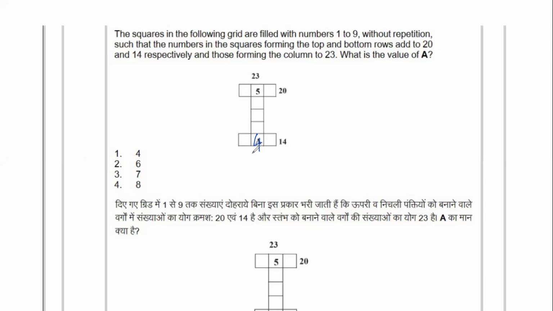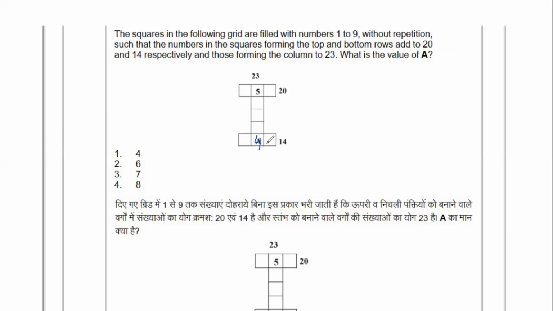Let me take this as 4, 3, and 7. 8 and 5, 13. I can't take a 7. So I'll have to take 9 and 5, 14 and 6. I can't get a 23. So 4 is definitely out. Unless I can try another combination. Wait a minute.